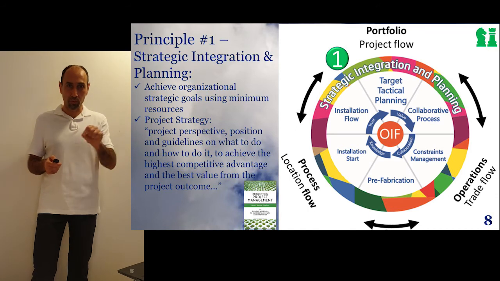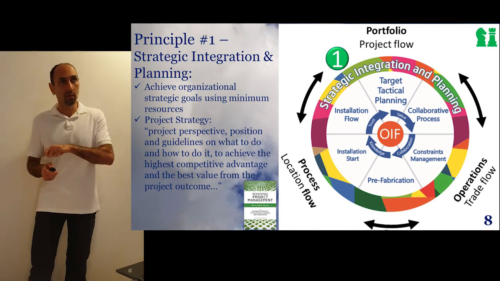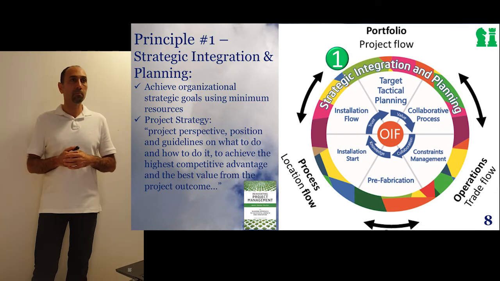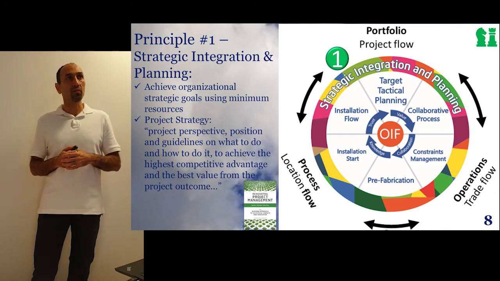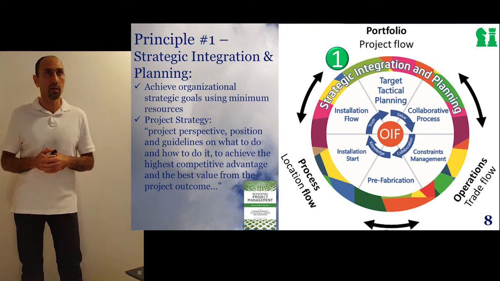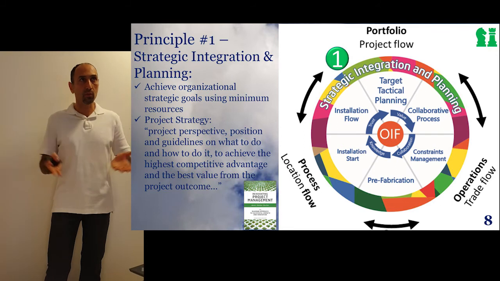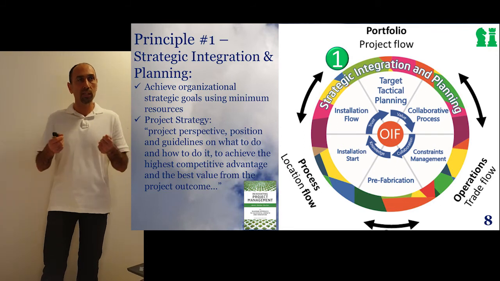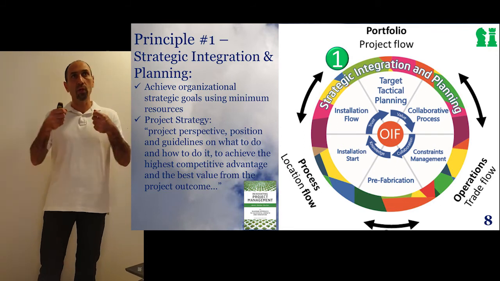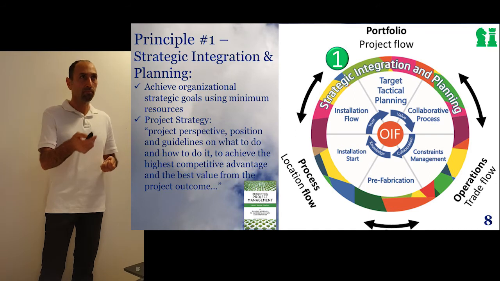How can we win this project and do it over again and again and again? This stems from Reinventing Project Management by Professor Shenhar, and it really encapsulates the entire OIF framework. How do we strategize, even at a tactic level, how to win and deliver better results?